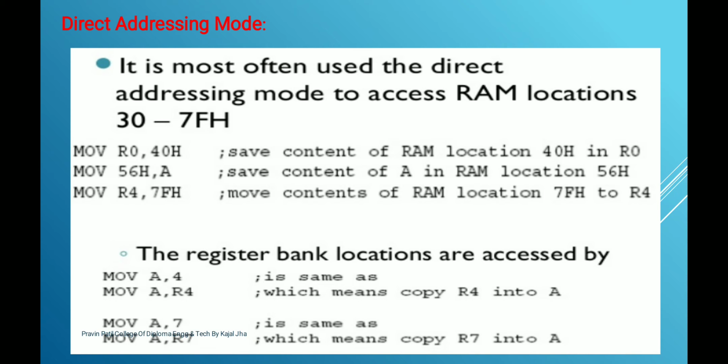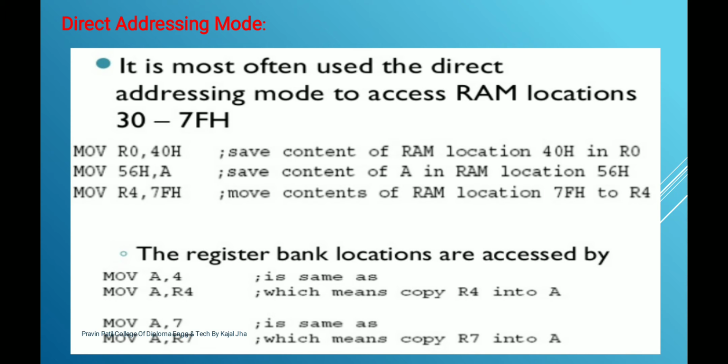The address of the data memory is always 8-bit. The SFRs can be used as data memory locations. The format for direct addressing mode is: first byte is the opcode and second byte is the 8-bit address. Likewise, in immediate addressing mode the format is: first byte is the opcode and second byte is the 8-bit operand. Here we are discussing direct addressing: first byte is the opcode and second byte is the 8-bit address for a single data.